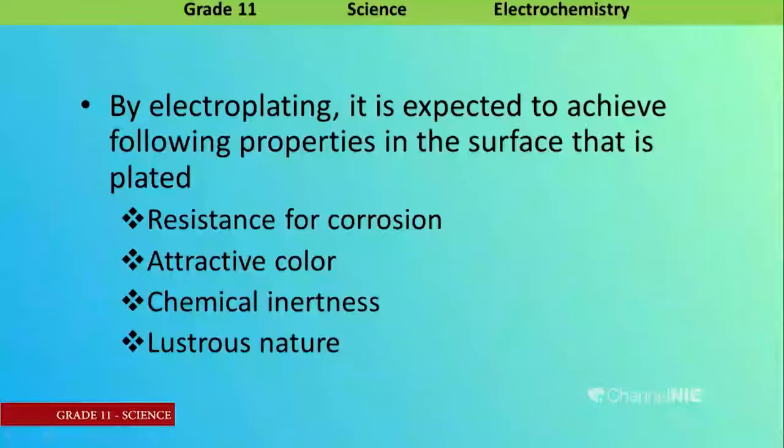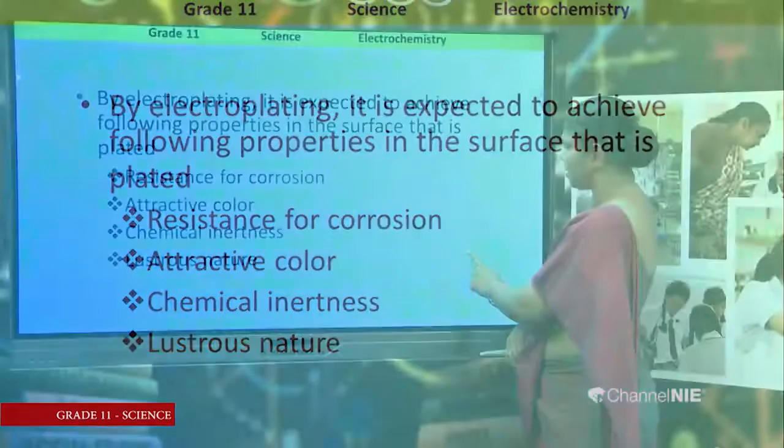By electroplating, it is expected to achieve favorable properties in the surface that is plated. The surface is resistant to corrosion and it has an attractive color, chemical inertness, that means the surface doesn't react with chemicals, and lustrous nature. Lustrous nature means a shiny surface can be achieved.